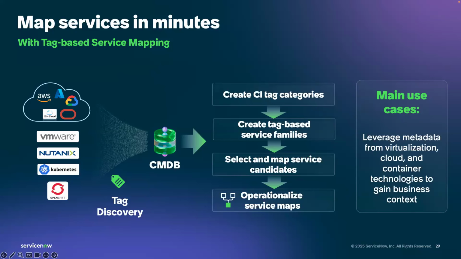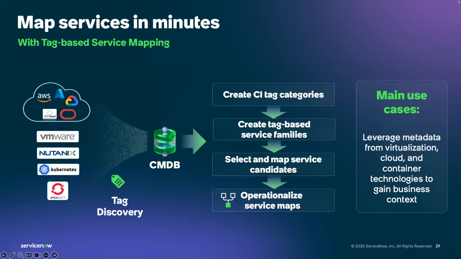So, like I said, being able to map services in minutes via tag-based service mapping for your cloud environments, right? Whether those are your public cloud providers, your private cloud being VMware, Nutanix, and even Kubernetes or OpenShift, right? We discover those tags for those resources, store those in the CMDB, and then we can create tag categories. So that's normalizing on those different tags or keys, right? So let's say one team has a standard and it's an application or a service key, but different teams are putting app or application or something, service, right?